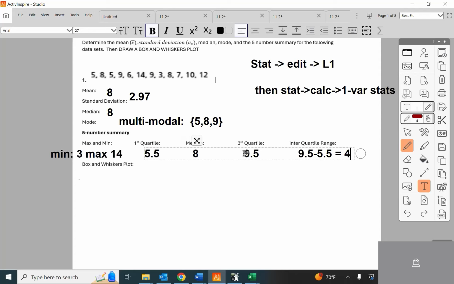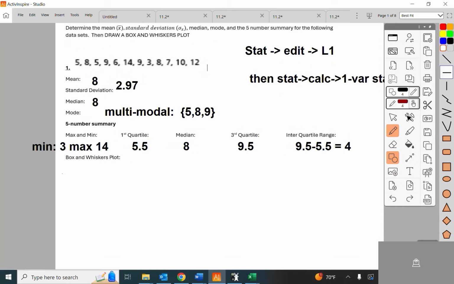Now we're going to get to do a box and whiskers plot. Maybe you remember those, maybe you don't. I'm going to switch over to pen real quick because it's quicker, and I don't have all day.